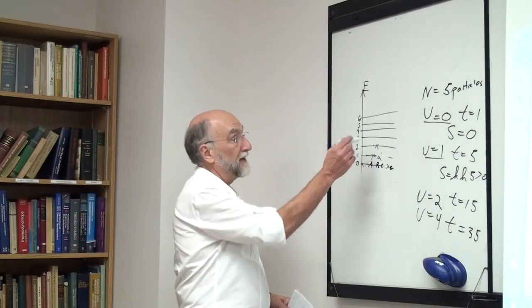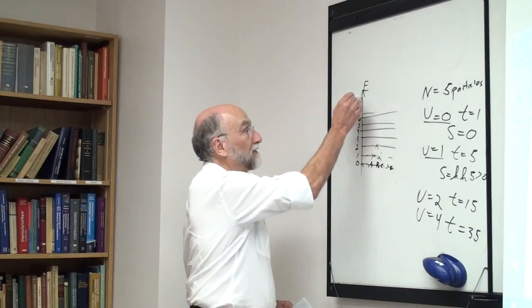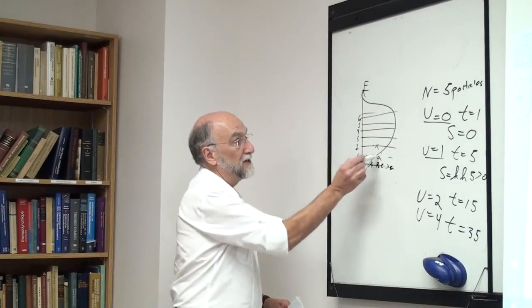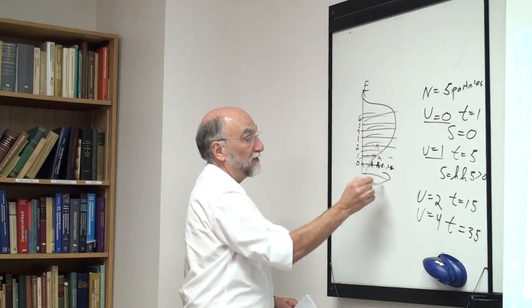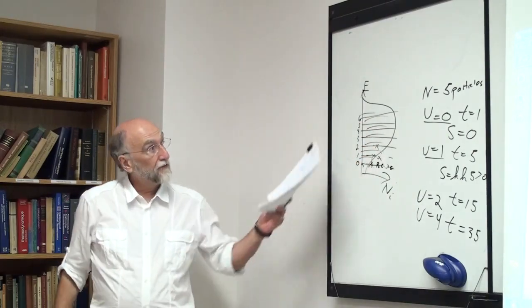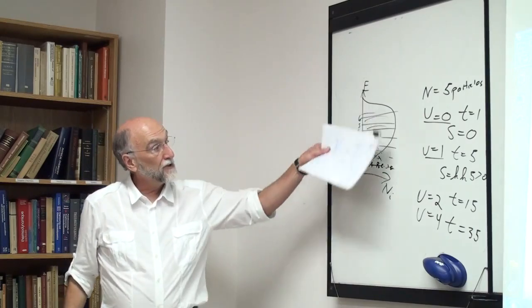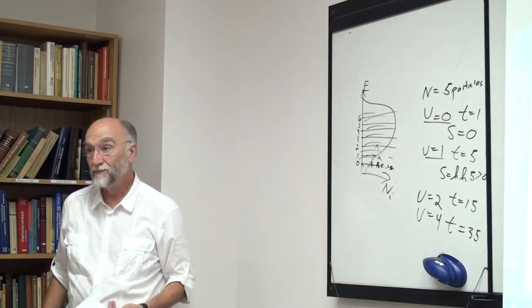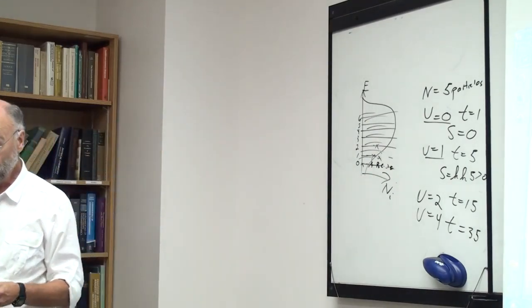If you have many particles and lots of energy levels at any temperature, you're going to get a distribution that looks like this. This would be the number of particles at energy level i versus the energy level, and from knowing the energy levels and everything, you can work out the entropy of the system.